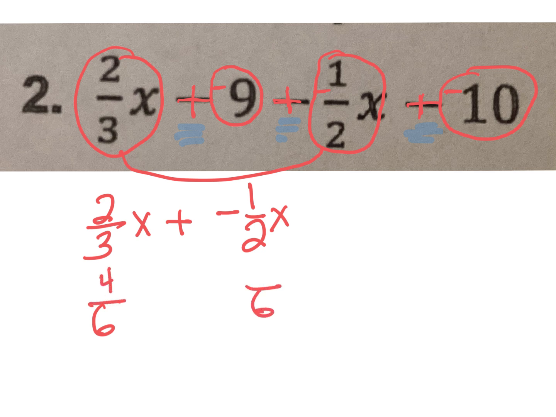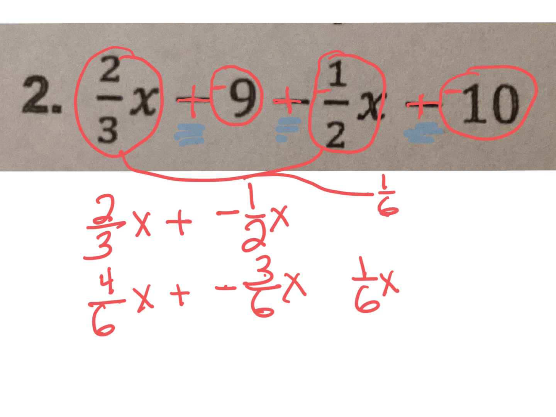This will be 4/6 x plus negative 3/6 x. Then if I take 4 plus a negative 3, that's going to leave me with 1. The denominator is 6 and x. So those two right there get me to 1/6 x. And that's a positive 1/6 x.